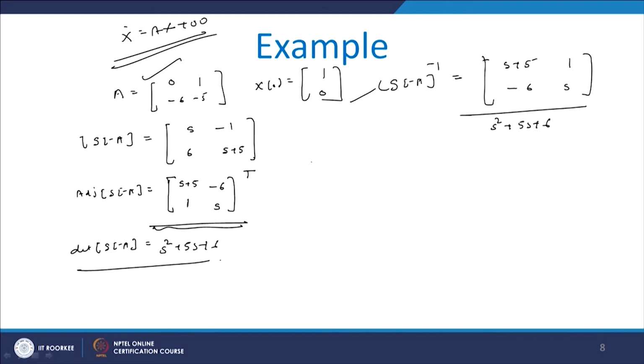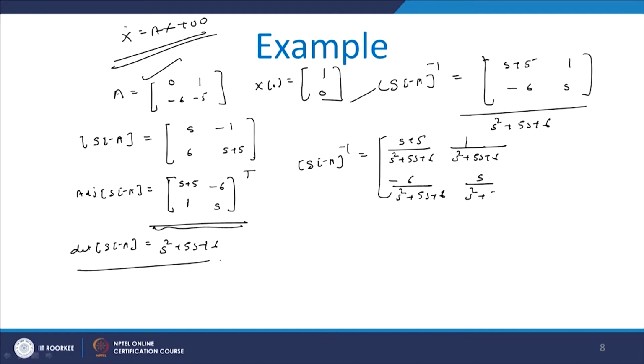So, now this equation can be written as SI minus A inverse: S plus 5 divided by S square plus 5s plus 6, here 1 divided by S square plus 5s plus 6, then minus 6 divided by S square plus 5s plus 6, and lastly S divided by S square plus 5s plus 6.